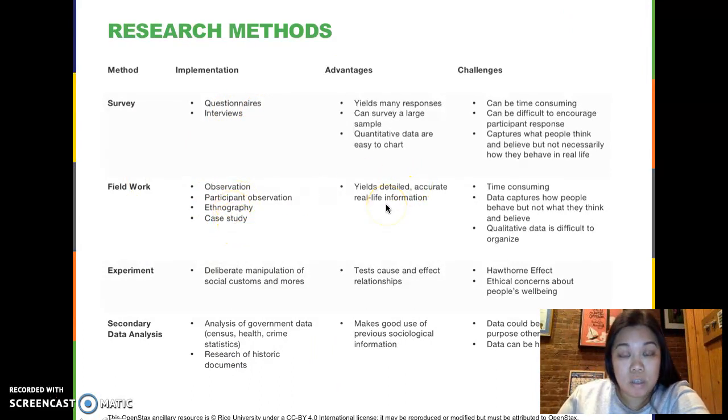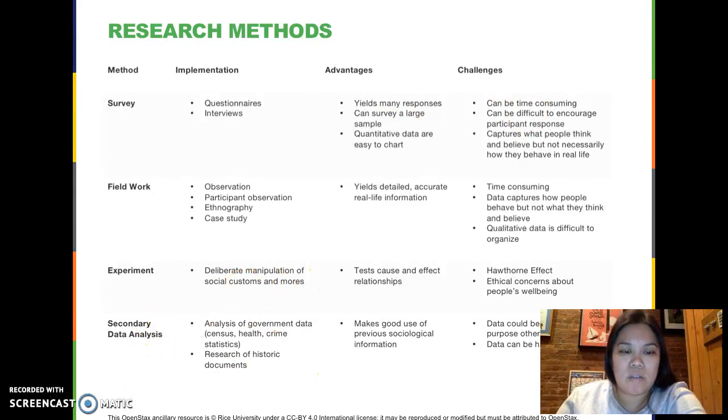It's really detailed in what information you can gather, but also time consuming, and qualitative data is very difficult to organize. But that doesn't mean any of these things cannot be done, you just have to be mindful of advantages and challenges. Experiment is a more deliberate manipulation of social customs and mores.